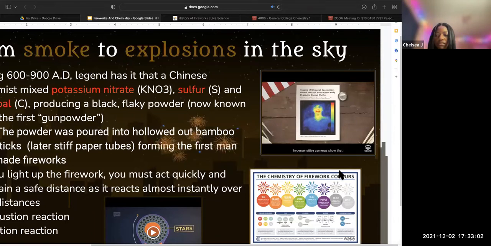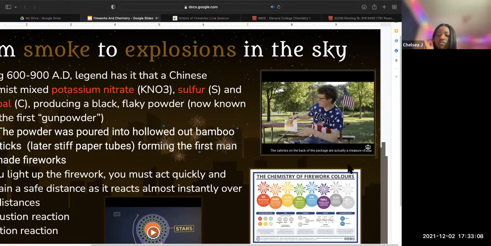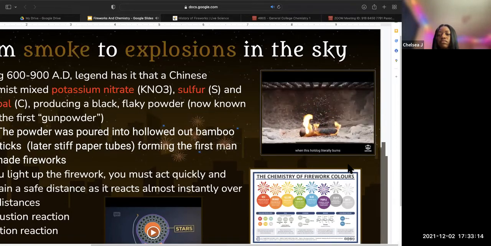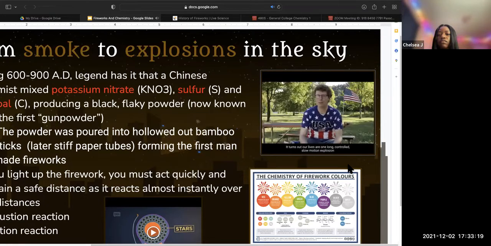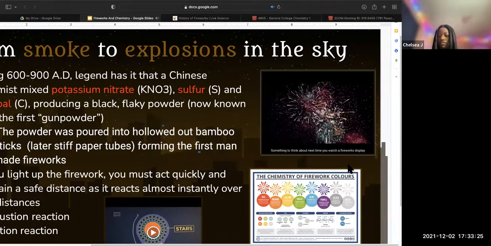Hypersensitive cameras show that human bodies actually glow. So burning calories isn't just an expression. The calories on the back of this package are an actual measure of how much heat energy is released when this hot dog literally burns. It turns out our lives are one long, controlled, slow-motion explosion. Something to think about next time you watch fireworks display.